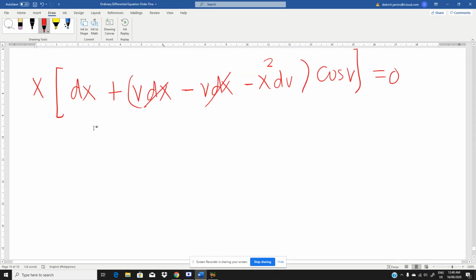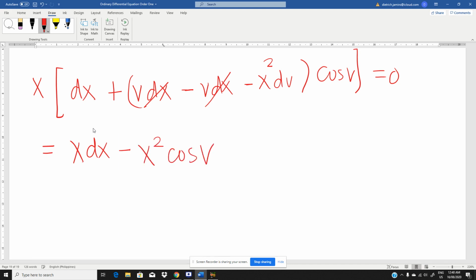So we will have x dx minus x squared cosine of v, and then is equal to 0.